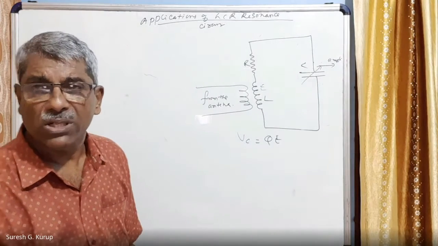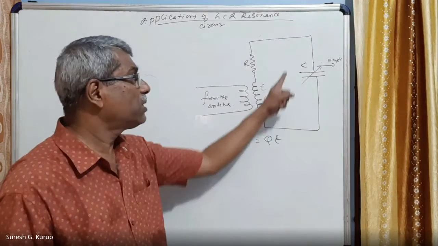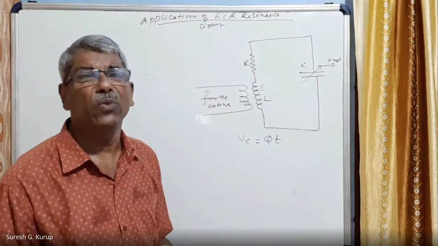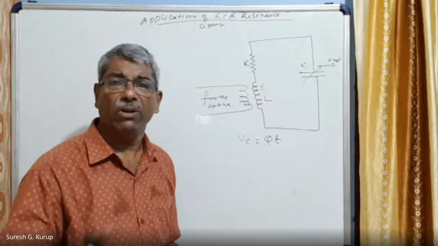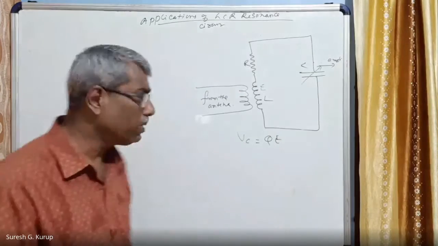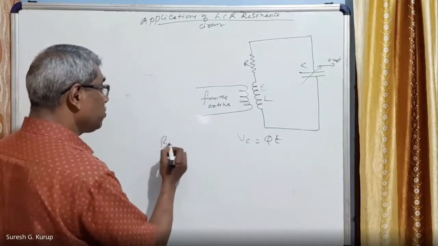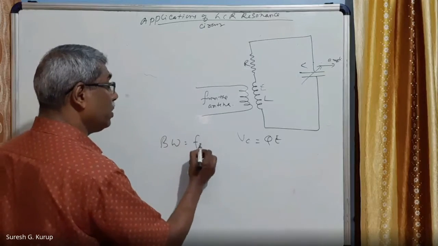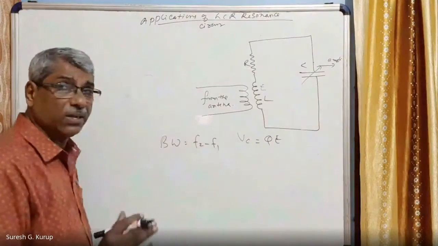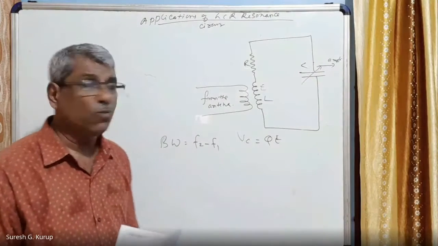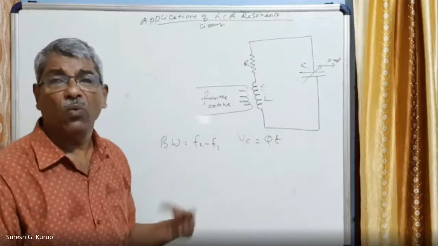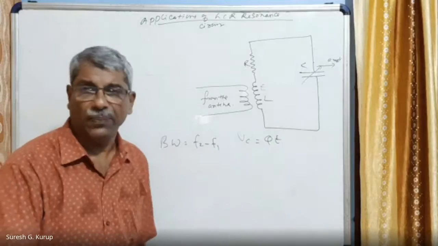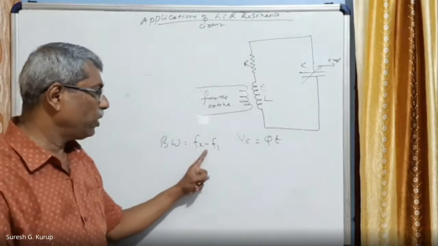The range of frequencies with which this kind of circuit works is called bandwidth. Bandwidth is the final frequency minus the initial frequency, so BW is equal to F2 minus F1. There is a range of frequencies for which this kind of circuit will work very effectively.